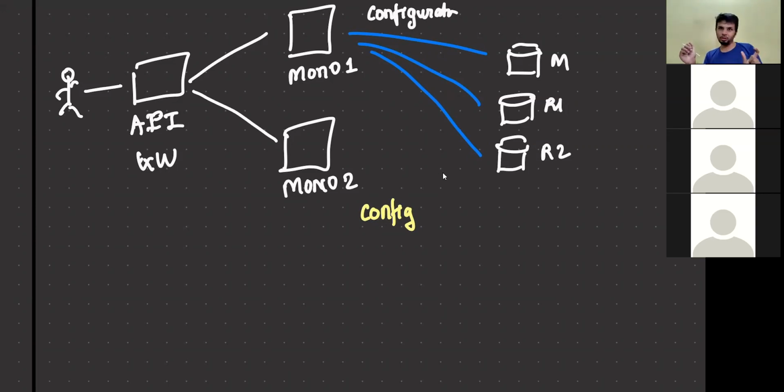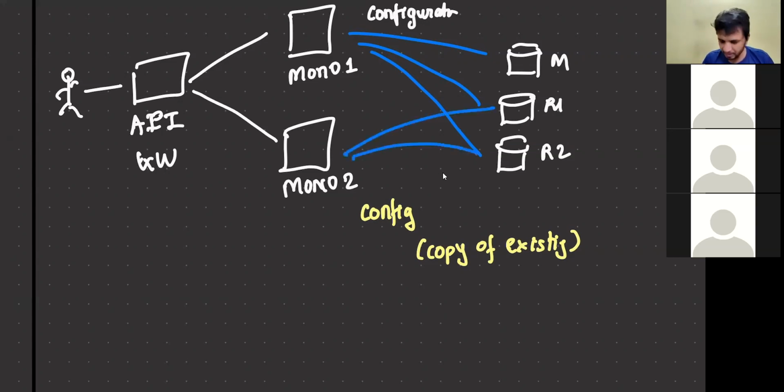For monolith 2, we created a copy of the config. It is a copy of the existing config with one change in the default one. Default, which was connected to master, now only connects to replica 1 and replica 2. It does not connect to master.